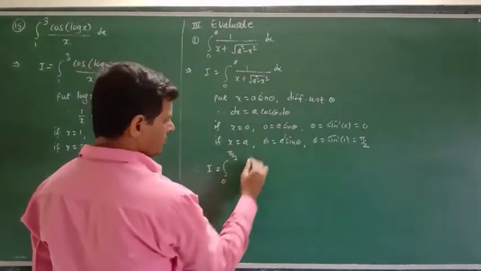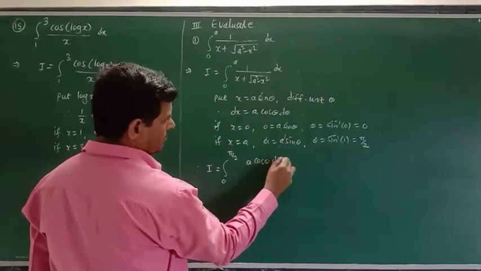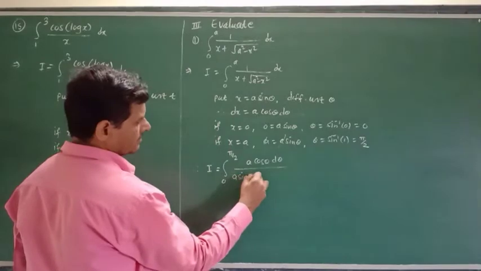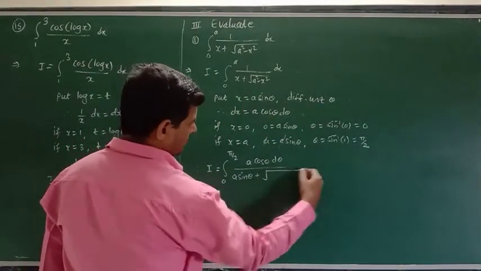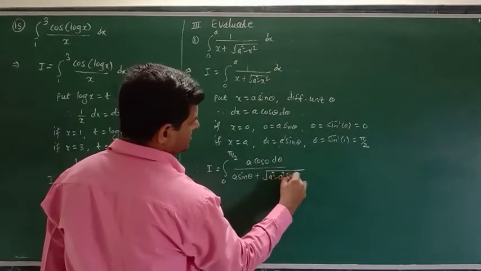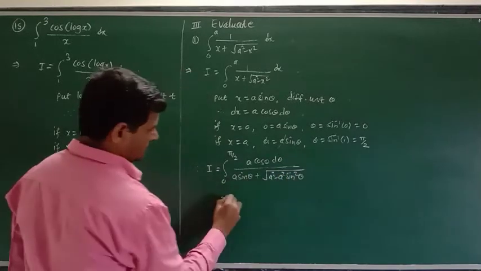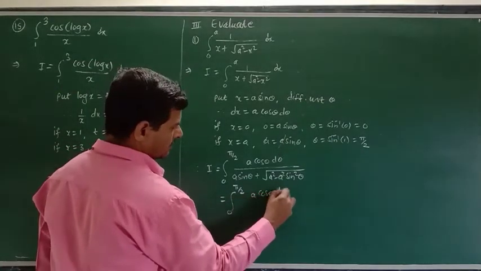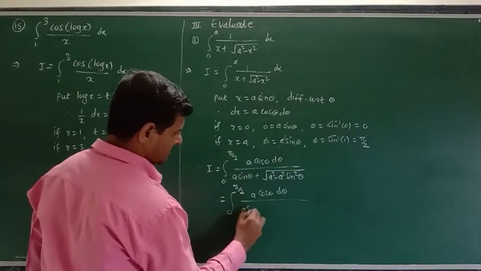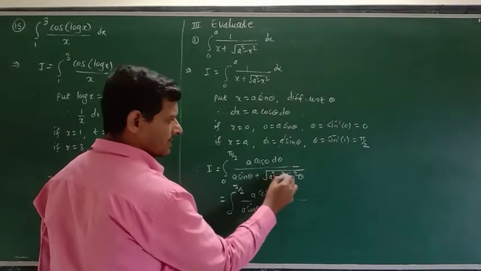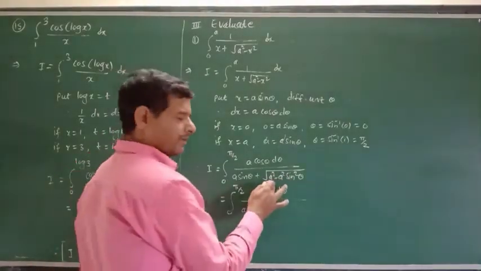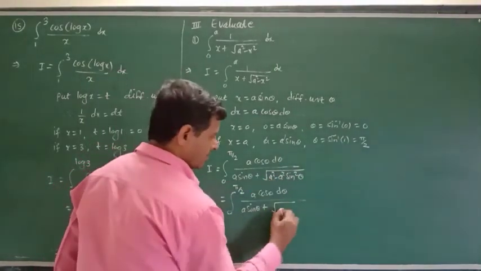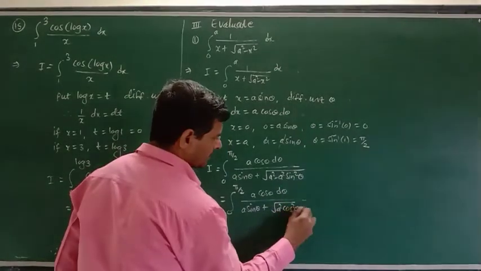dx is a cos theta d theta. So a cos theta d theta upon x, which is a sin theta, plus under root a square minus a square sin square theta. See the simplification: a cos theta d theta as it is upon a sin theta as it is plus, taking a square common, 1 minus sin square theta is cos square theta, so square root of a square cos square theta.